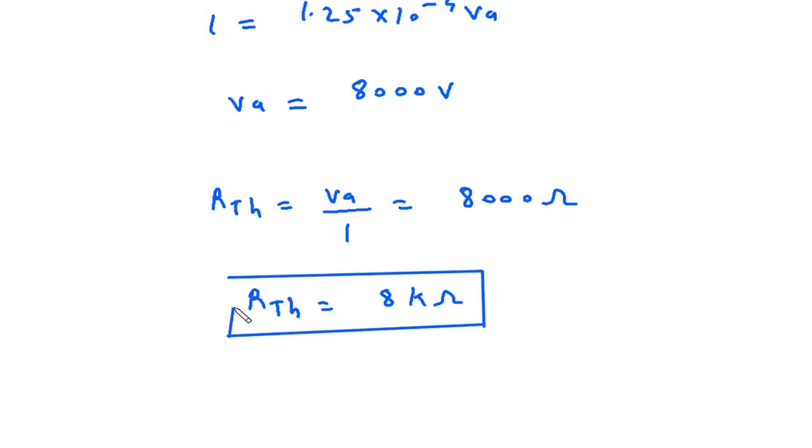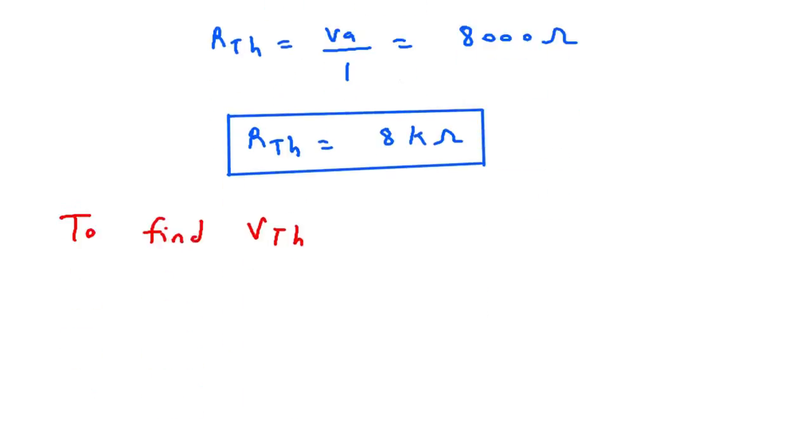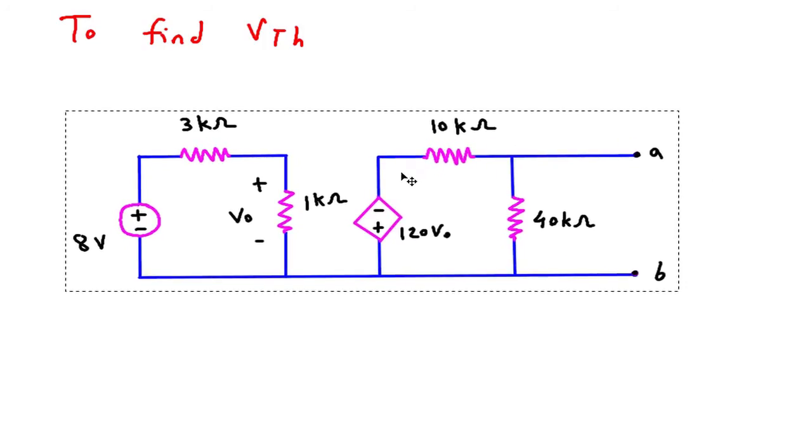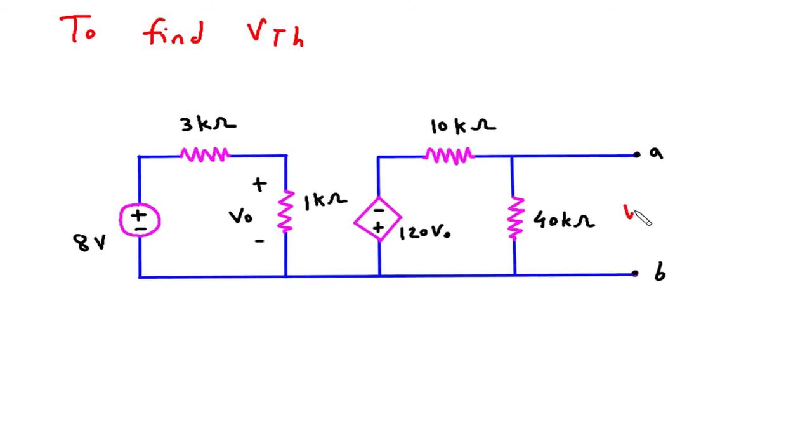Next we have to find the value of VTH. Now to find VTH, this will be VTH, this will be positive, this will be negative. Let's say this is loop number 1 with current I1.